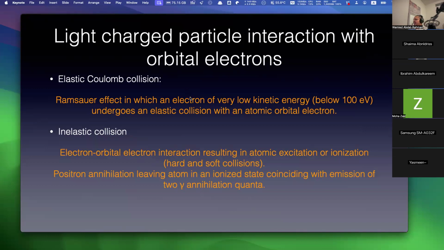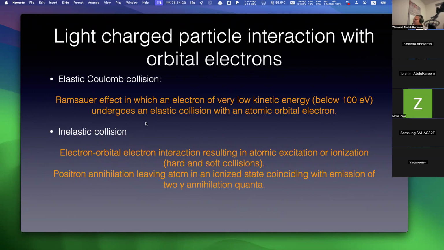This is possible at very low kinetic energies for the electron. Usually, if the electron has a higher energy, it's going to transfer some of the energy to the orbital electrons in the atom, and then that will be an inelastic collision. And this effect is called the Ramsauer effect.